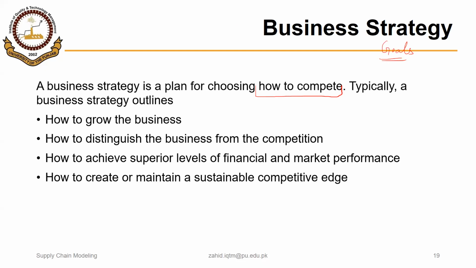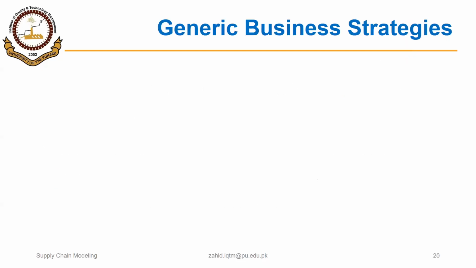So these are setting guidelines, the direction, and the way to achieve different goals. There are five types of business strategies. There are three generic strategies, and actually there are a total of five that emerge from these three.